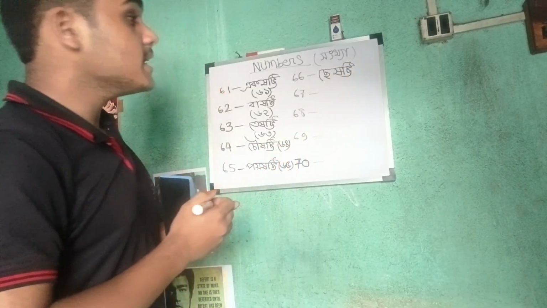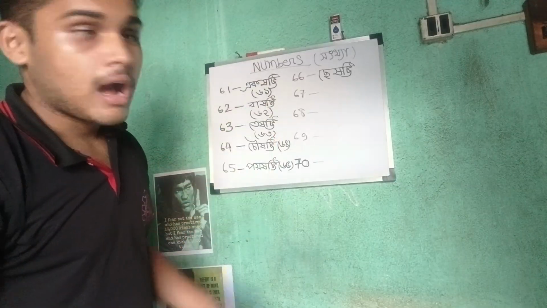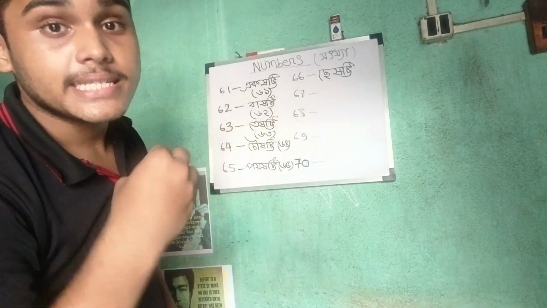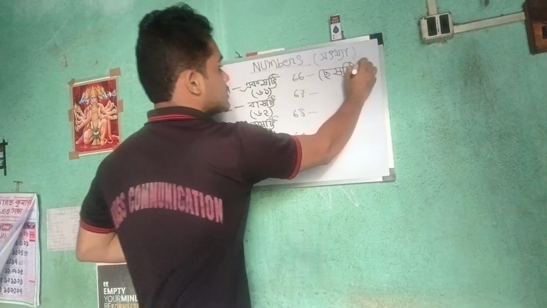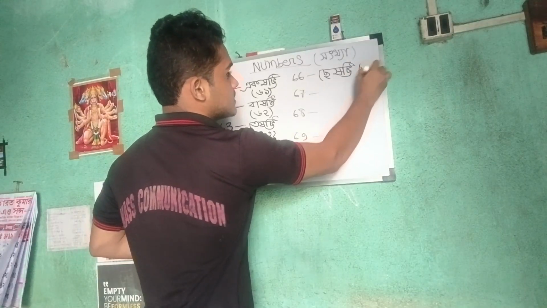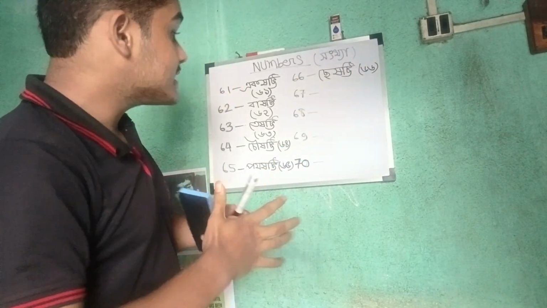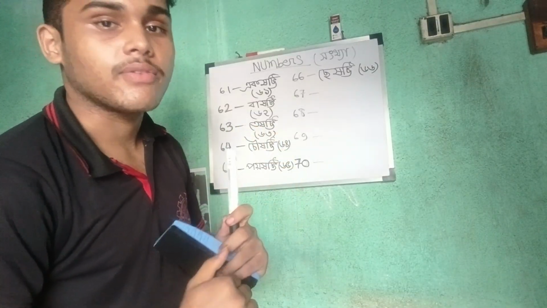So chhêṣôṭ্টি means 66. So 6 and then 6. After 66 we have 67.